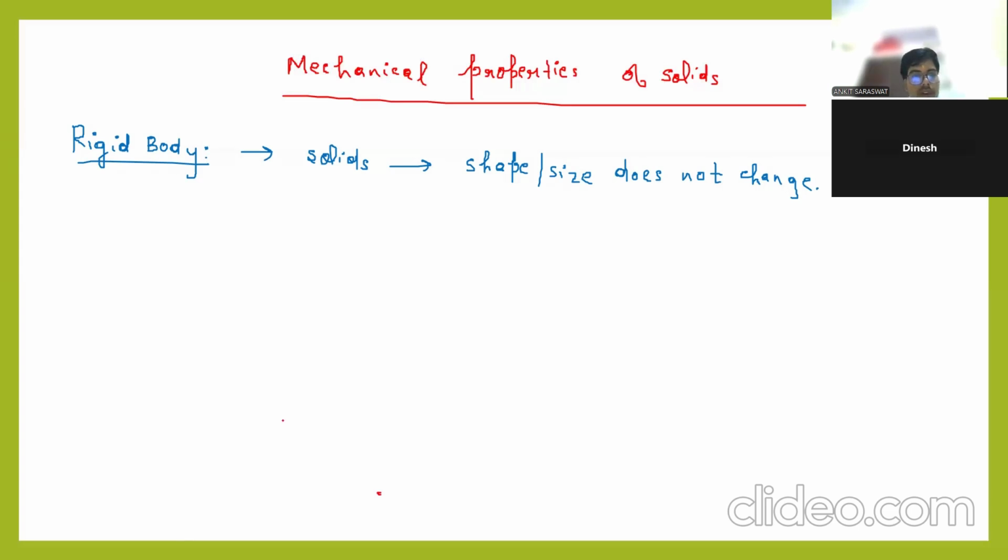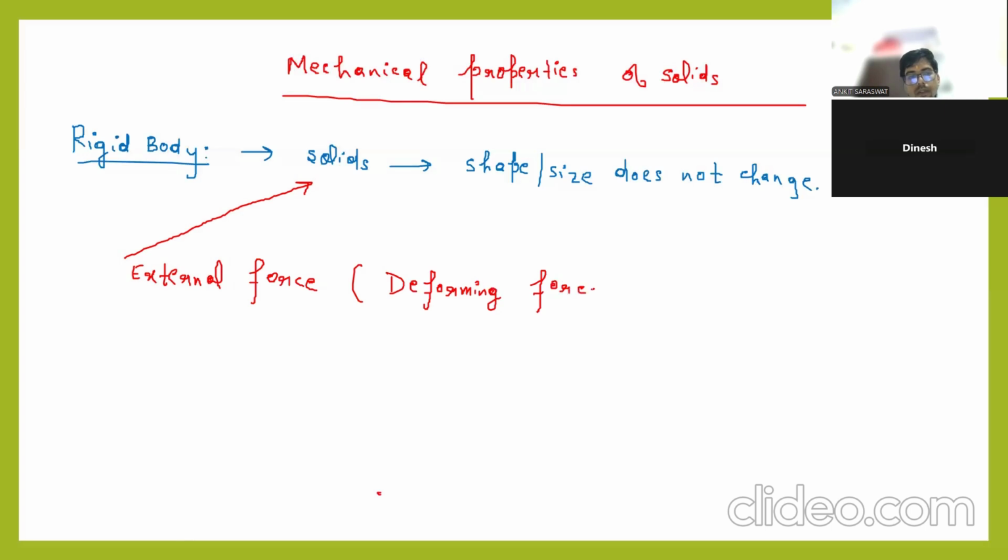Okay, sir. When we apply an external force on a solid, in this chapter, mechanical properties of solid, we call it a deforming force. Practically, there is some change in the shape and size.